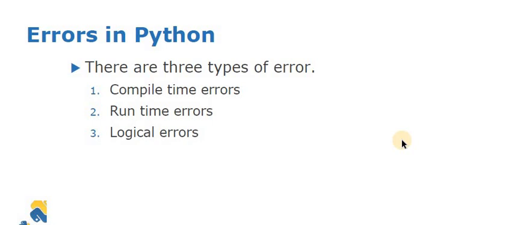So if it is not according to the rules, not according to the particular syntax, during the compile time it will give the errors, then it is known as compile time errors.